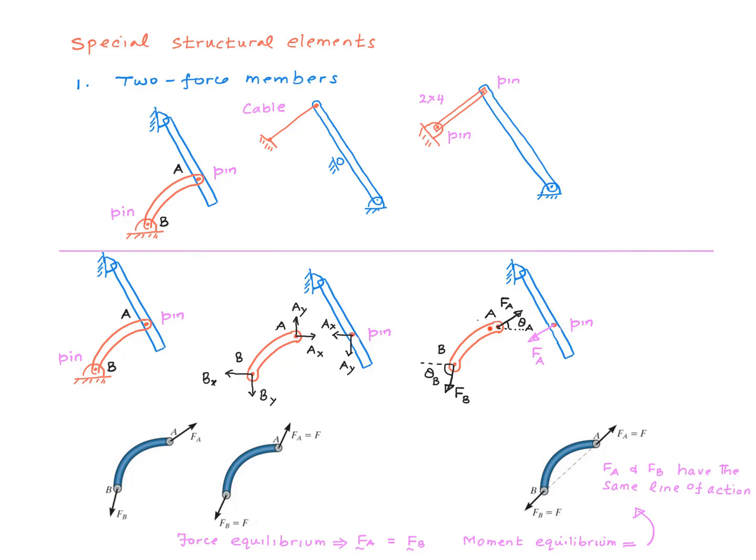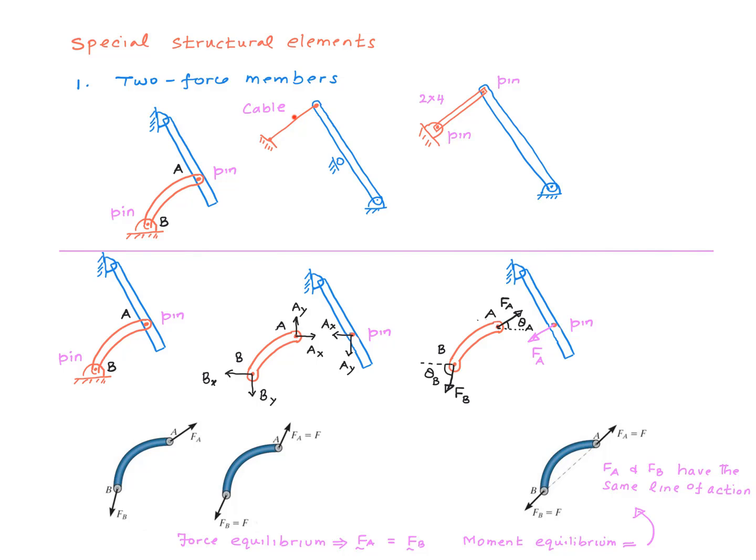So if you have a two-force member supporting the beam, then the force acting at that support point is simply a single force like this, and the direction of the force is dictated by the direction of this member. So coming back to this diagram, the direction of the force at point A in this first example is going to be along the line connecting point A to point B, in other words, this line right there.